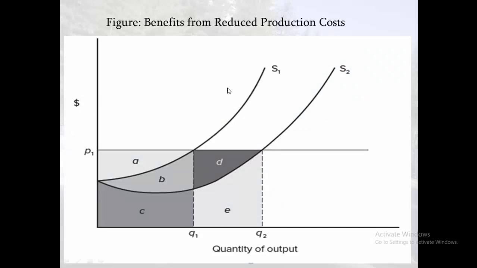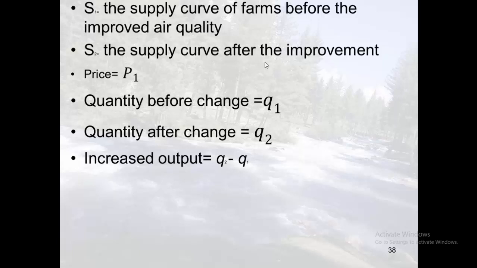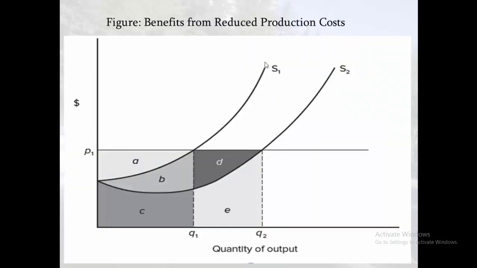We can explain this in this diagram. S1 is the supply curve of the farms before the improved air quality. This is the polluted quality, and we see that when the supply line is S1, we have the output Q1 and the price P1.